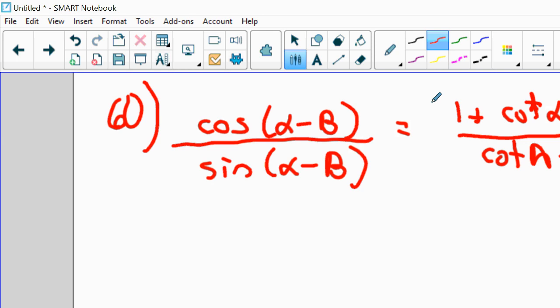Now, there's no secret. There's reciprocal stuff. If we took a reciprocal on both sides, this would totally make sense. Because you know cosine over sine is cotangent of alpha minus beta, but we don't have a cotangent alpha minus beta formula, but there it is.